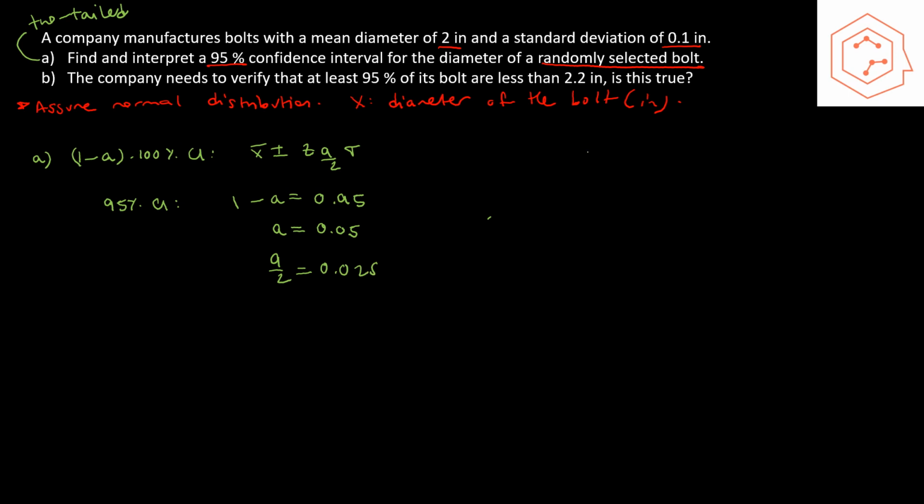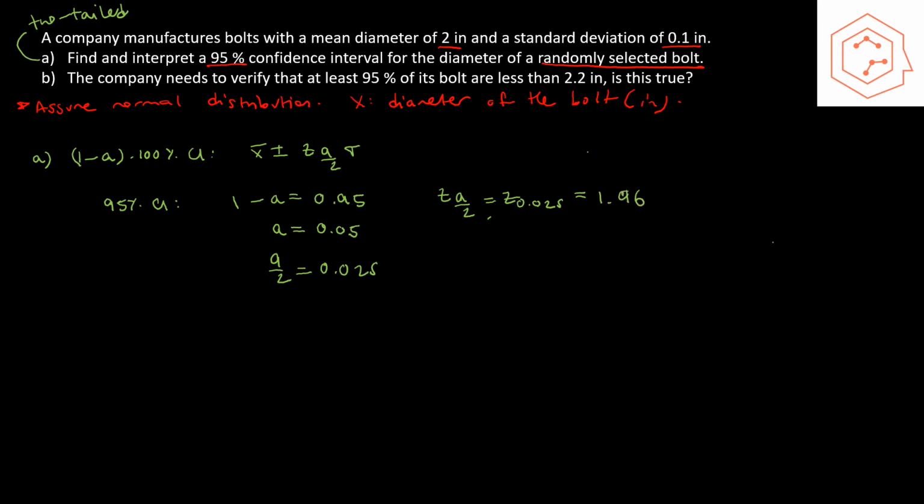Using our z-score table, we'll find that the value of z a over 2, which is equal to z 0.025, so you'll go along the z-score table, look for an area of 0.025, and you'll find that the actual z-score for this area is 1.96 in magnitude.